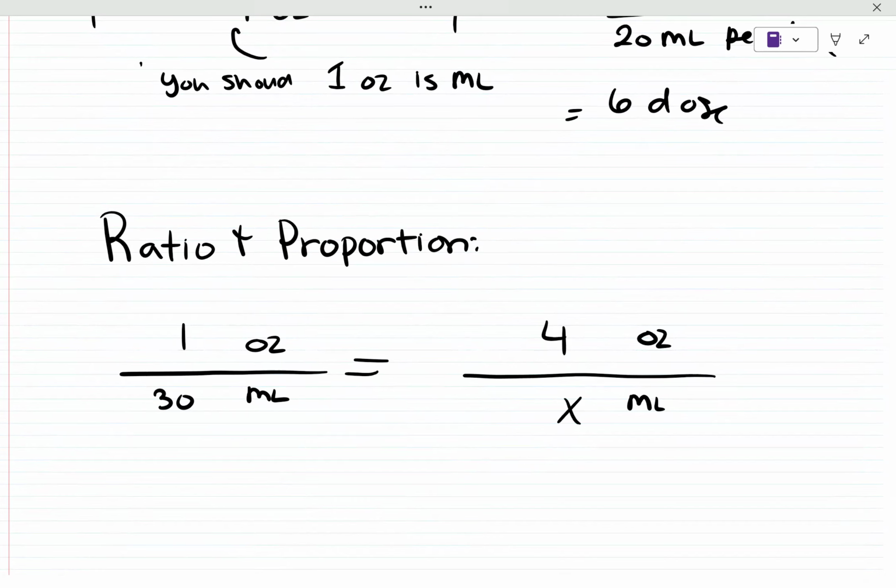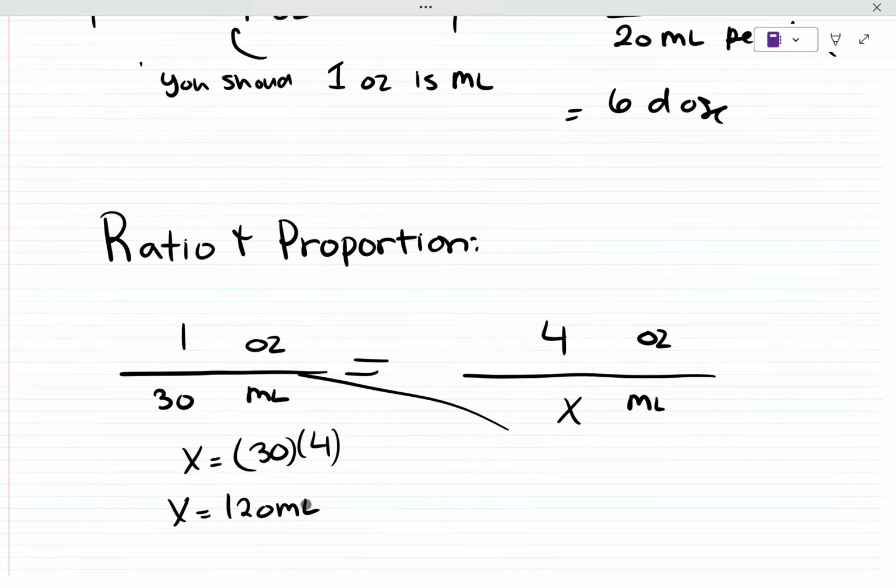Cross multiply: x equals 30 times 4, which is 120 milliliters. So this is 120 in a bottle. Then divide by 20 milliliters per dose. That's how you get 6 doses.